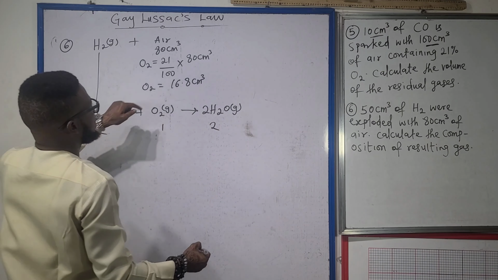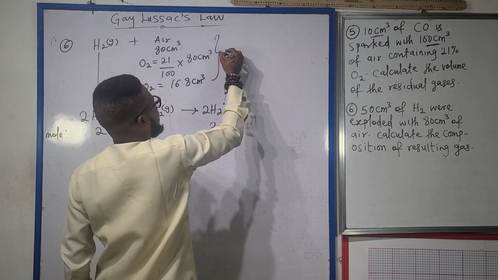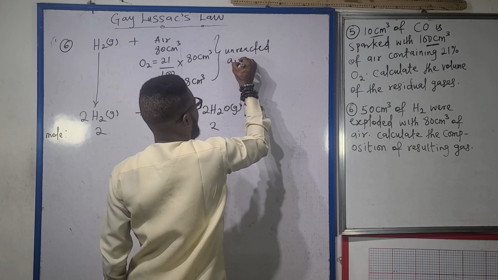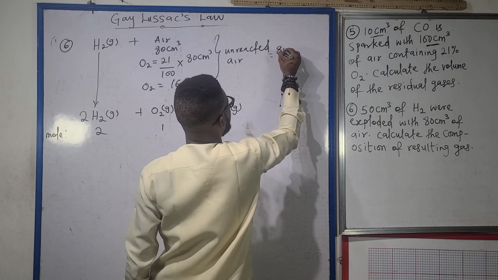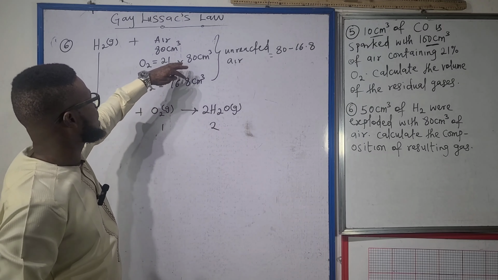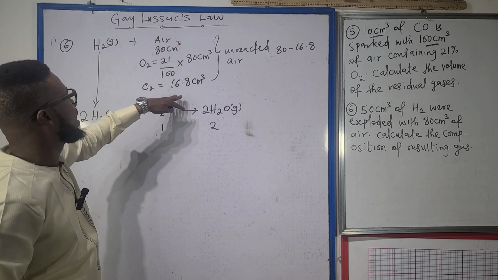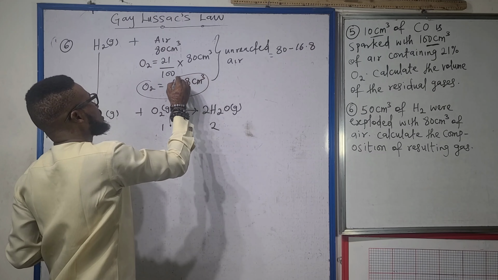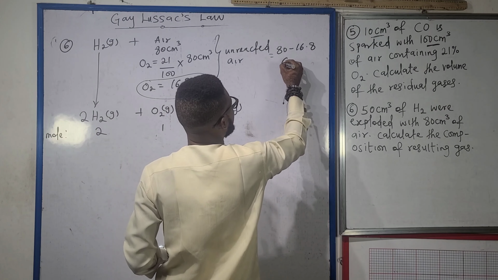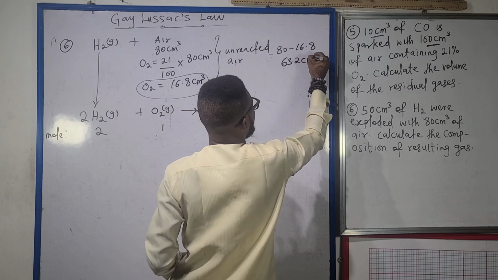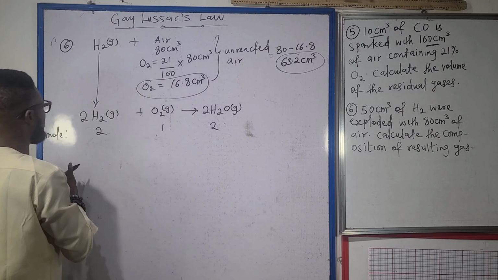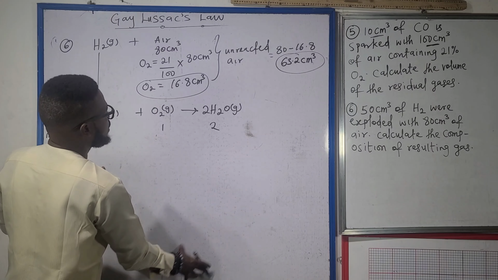But don't forget, the unreacted air component is going to be 80 minus 16.8. 80 cm cube is the volume of the air, and 16.8 is the component of oxygen that goes into the reaction. So this is going to give us 63.2 cm cube of air. We'll keep that aside.